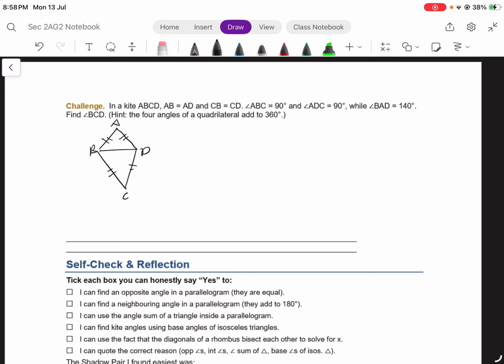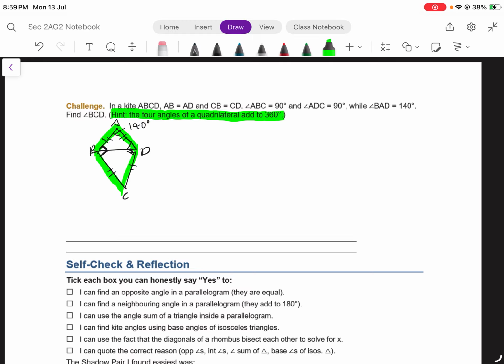Angle ABC is 90 degrees actually, which means that here is also 90 degrees, while BAD is 140. Find BAC. Although this is a challenge, they already show the hint: the four angles of a quadrilateral add up to 360. So not much of a challenge since they already give you the hint.